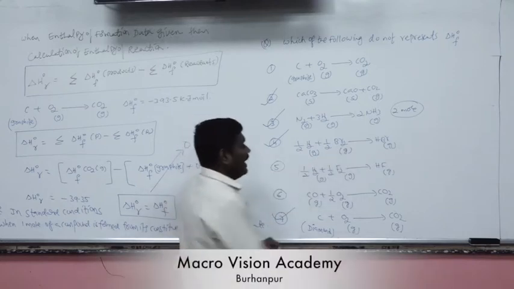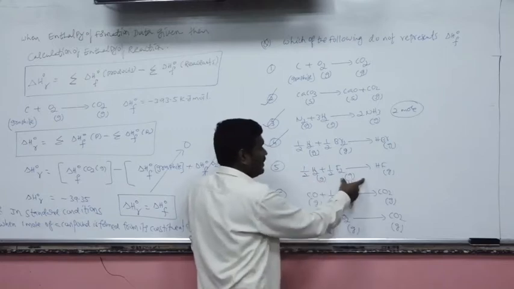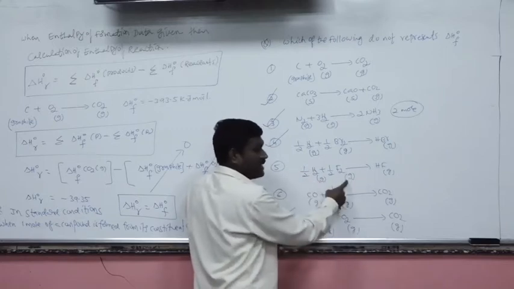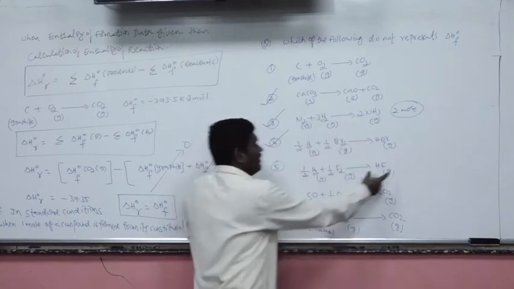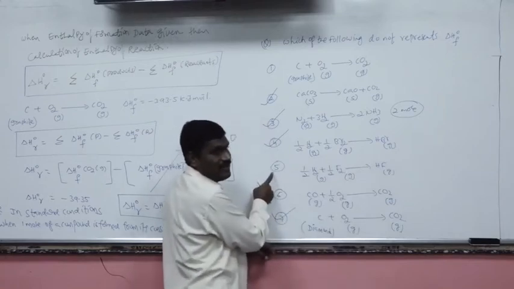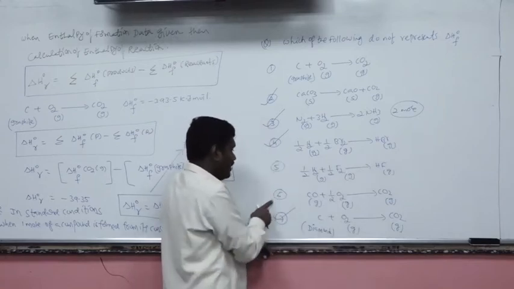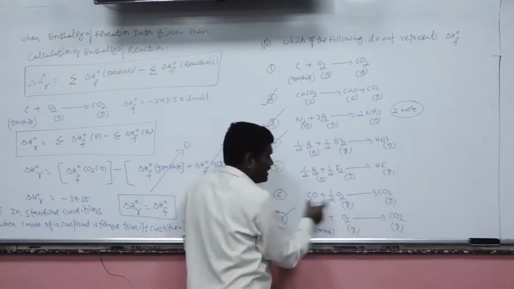Now come to HF, 1 mole coming from half mole H2, half mole F2. Do you know H2 gas, F2 gas, HF is also gas, all these are in standard state? Yes. And 1 mole of a compound is forming? Yes. This corresponds to standard enthalpy of formation, isn't it? Now come to here. CO2 is prepared from carbon monoxide and oxygen.